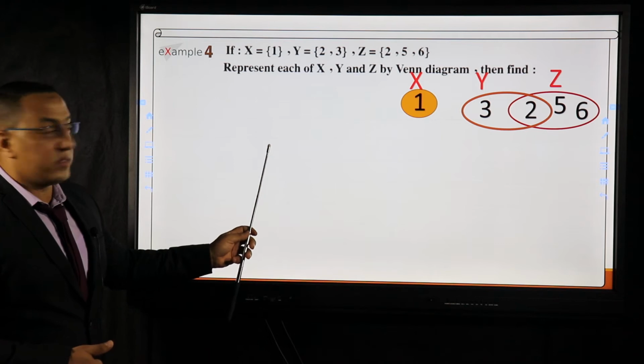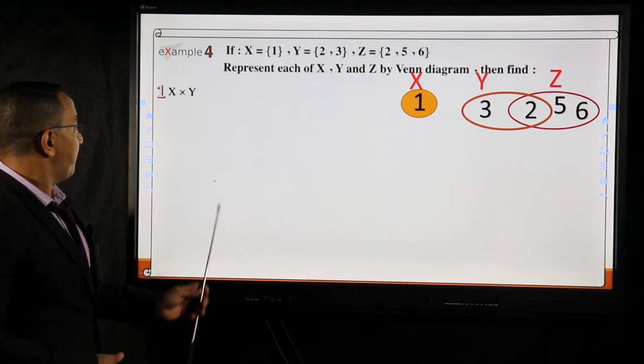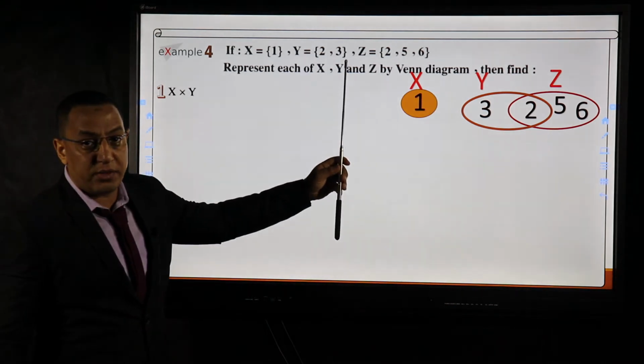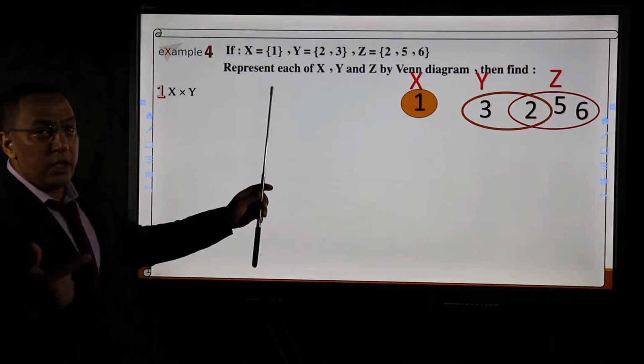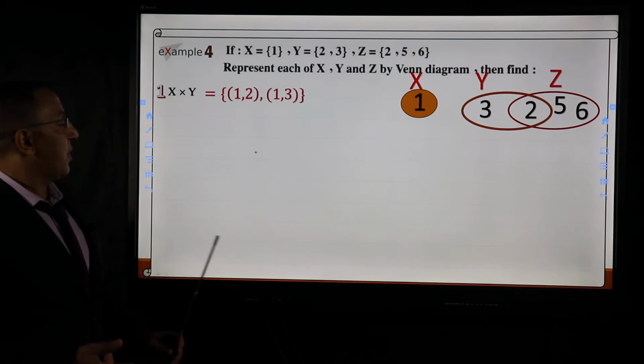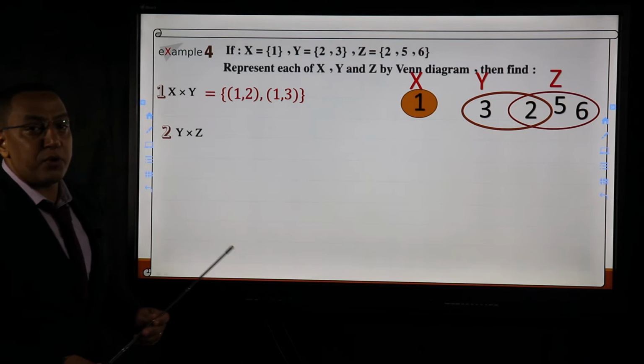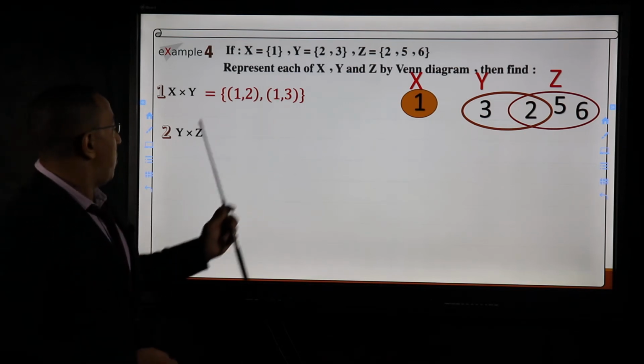The first question is: find x product y. Here x includes 1, y includes 2 and 3, so it will be (1,2), (1,3). The second question: find x product z. Y product z.